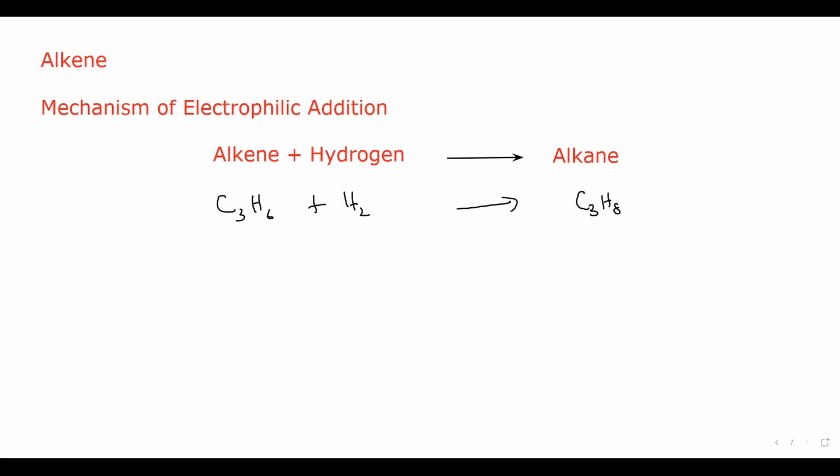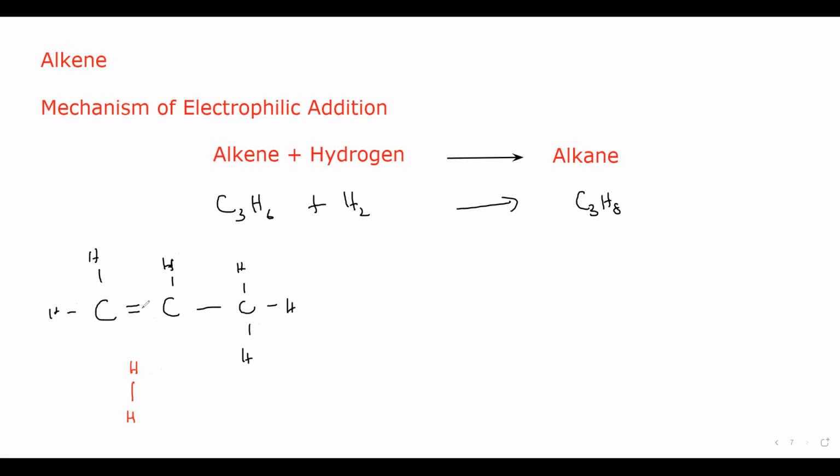Now the mechanism means how the reaction proceeds. So first we have propene. Prop means three carbons, and ene means there's a double bond. And hydrogen is there, this is the hydrogen molecule.